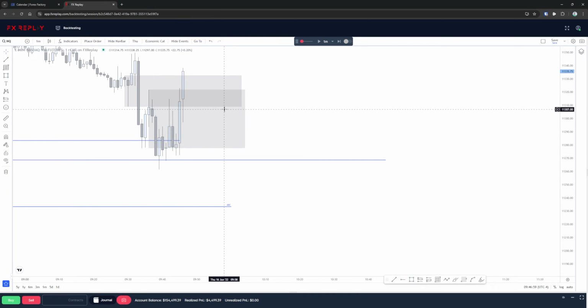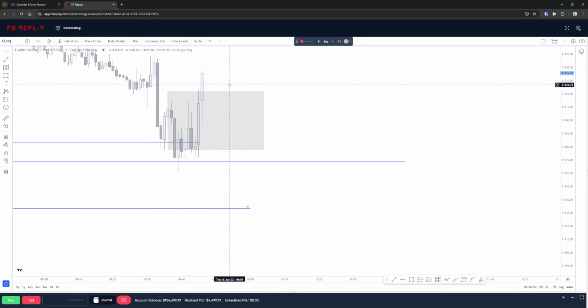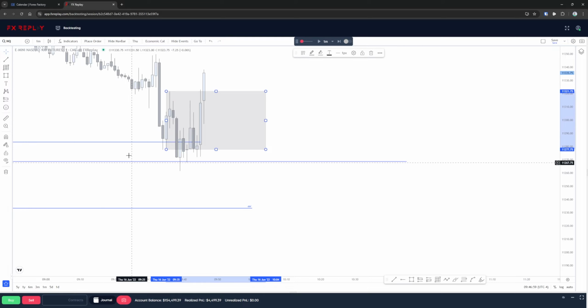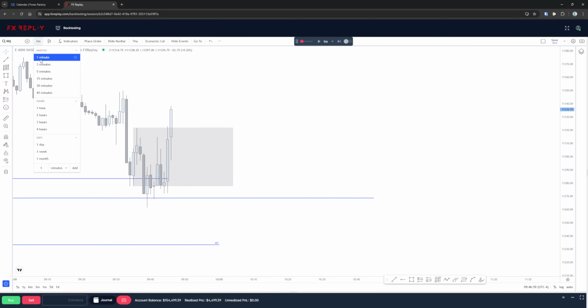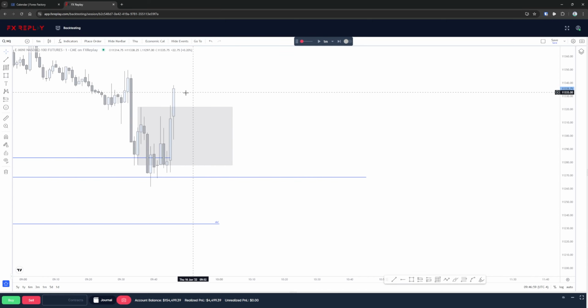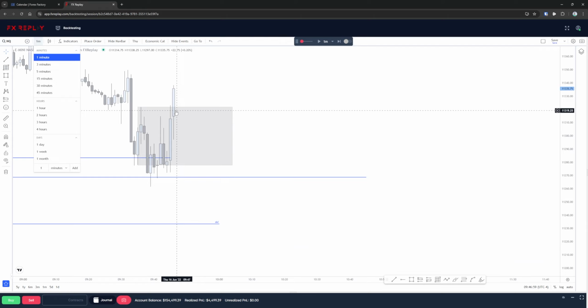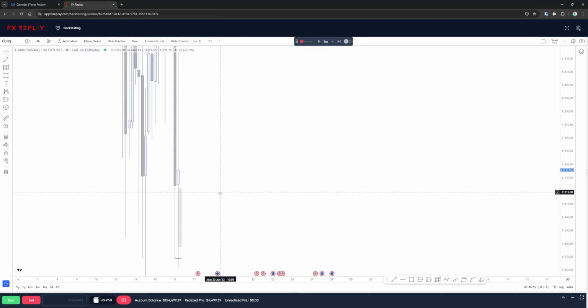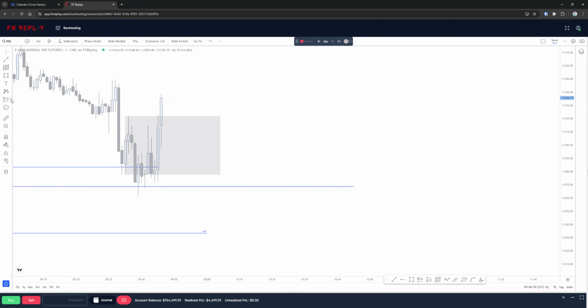You get displacement now out of your POI area after we took it. And you have all of this low resistance liquidity to aim for. So I actually, we take a long position here.